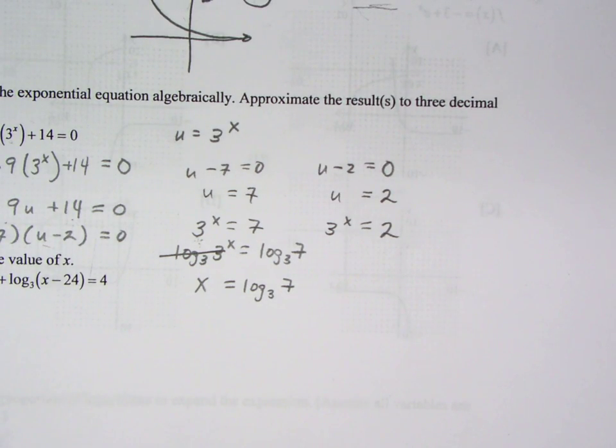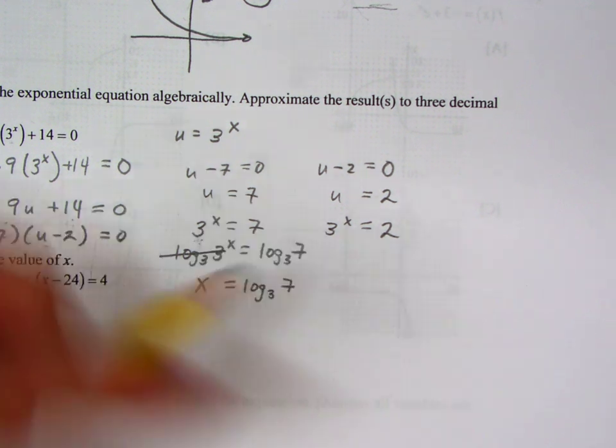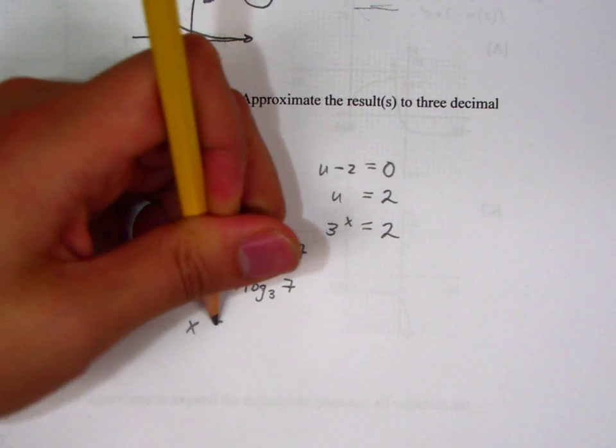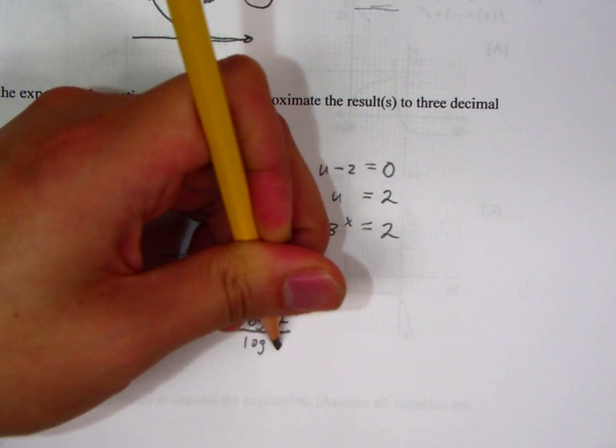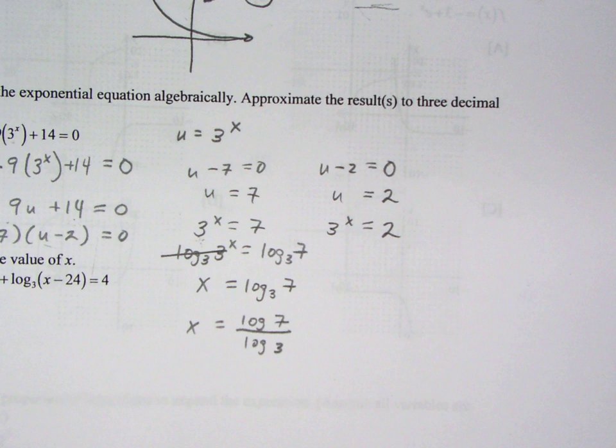Okay, the question is, how do you calculate that now? So you're going to use the change of base formula. x equals log 7 over log 3. I would type that in my calculator.